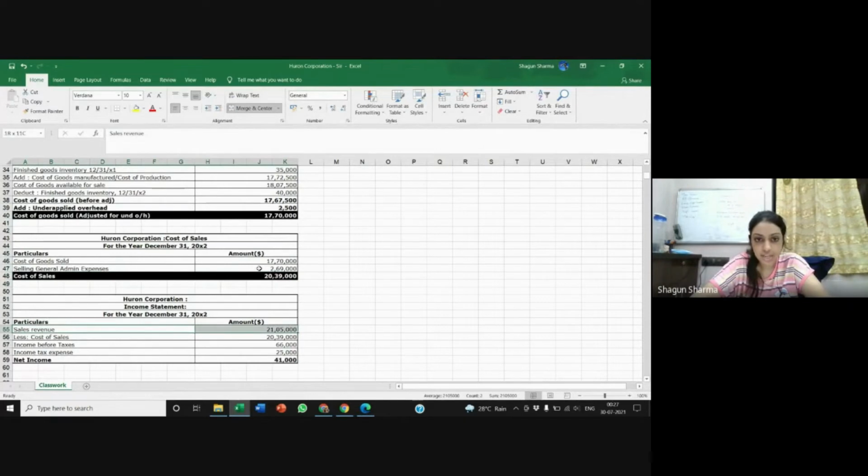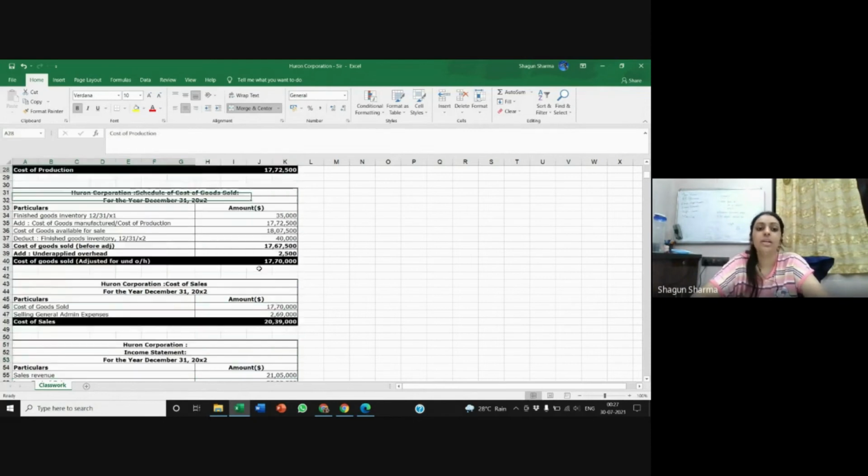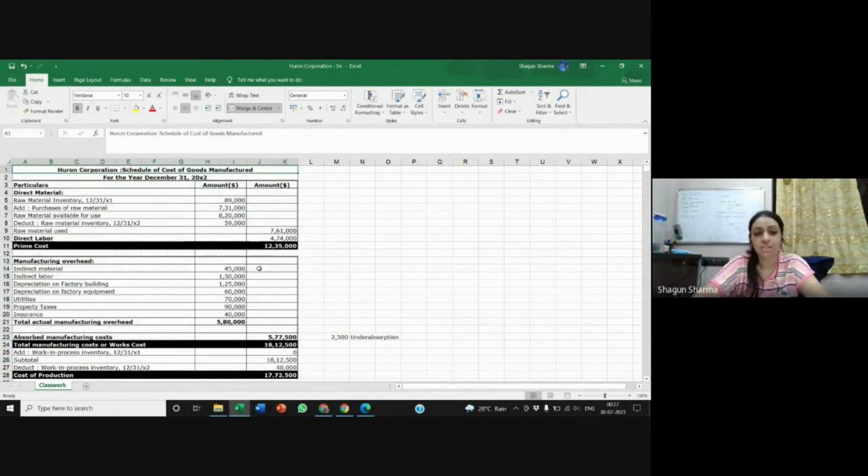So my sales revenue was 21 lakh 5,000. From that I subtracted the cost of sales, which was 2039 from here. Okay, from that they have given some income taxes in the question, and after subtracting all that, what remains is my final net income and my profit, and that concludes this sum. It concludes the cost sheet and it concludes this video.